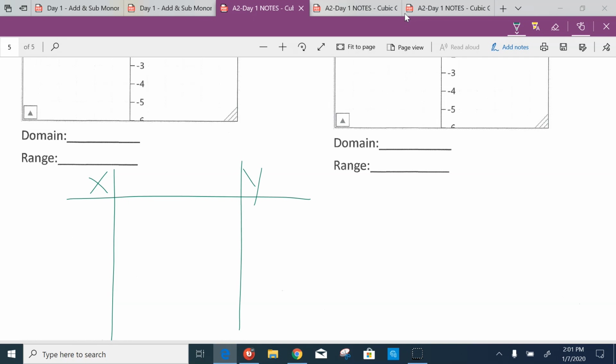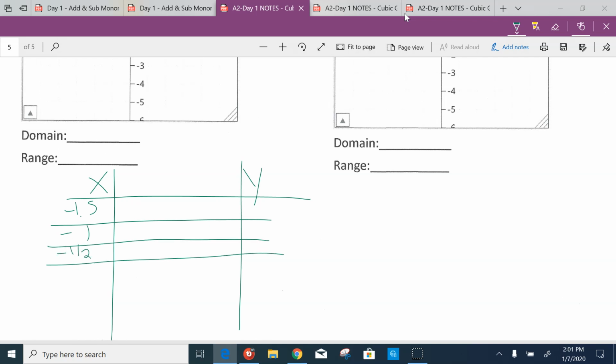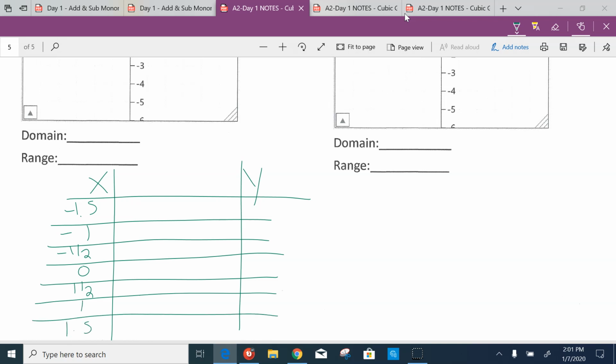The x values I want you to use are negative 1.5, negative 1, negative 1/2, or negative 0.5 if you use decimals, 0, 1/2, positive 1, and positive 1.5. Show the work. The equation you're going to plug in is 2x cubed. So show the work, and then show what you get for your y value.